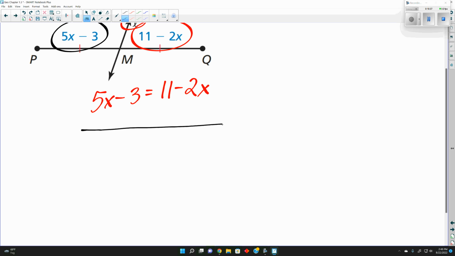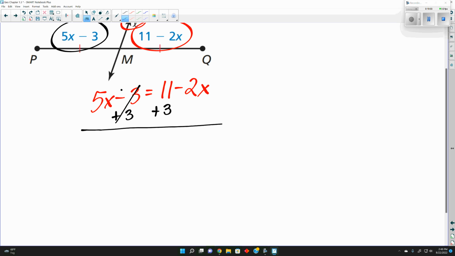Because there's many different things we can do. What do y'all want to do first? Because we can subtract, we could add. We can add 3 to both sides. It doesn't matter what we do first, we just got to pick one and get the variables on the same side and everything else on the other.